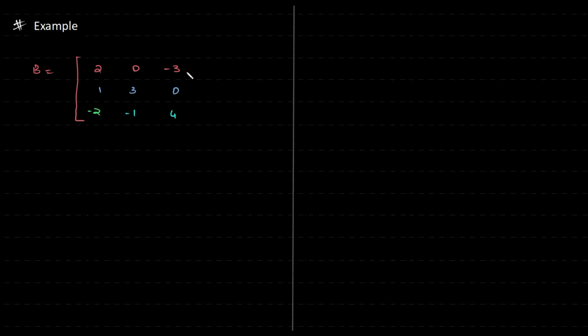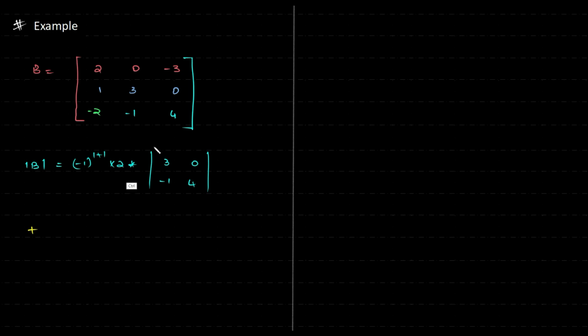Yeah, so I'll go with the first row, right? I'm using expansion along the first row. So I will be picking up minus 1 to the power of 1 plus 1. That's where 2 comes from. And I should ignore this set of things, and we have 3, 0, minus 1 and 4.